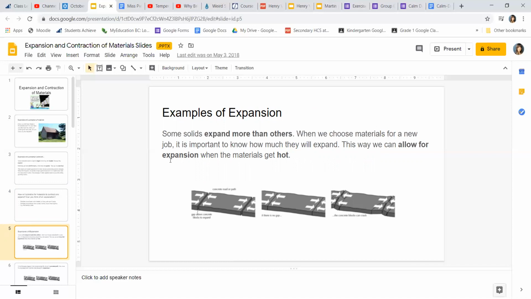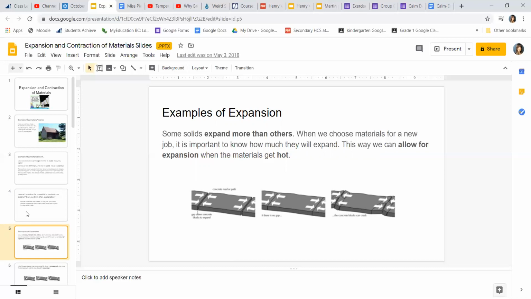If they don't plan accordingly, something like a bridge could completely fall apart. Up here in Canada, we have winter and we have summer, and there's quite a significant temperature difference between them. And that takes a toll on items like roads and sidewalks and bridges.